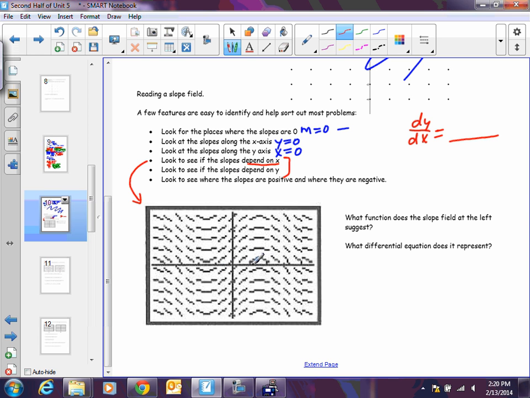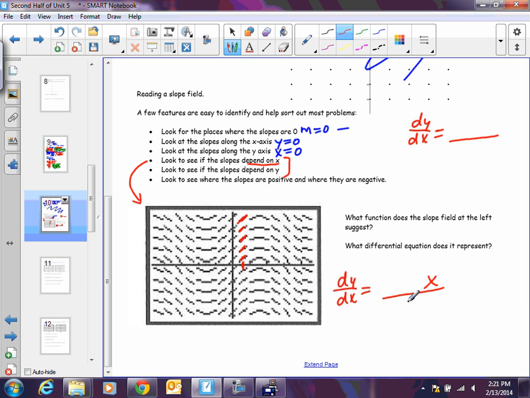Think of it like this. Think of this x value. We'll say this is x equals 1, although it's really not. It's like pi over 2 or something. So if x equals 1, here we have a slope of 1, and the slope is not changing even though the y value is changing. So I know this equation only has an x in it.